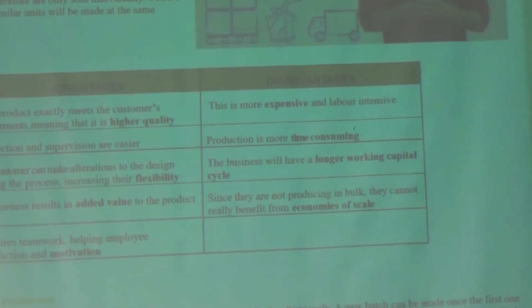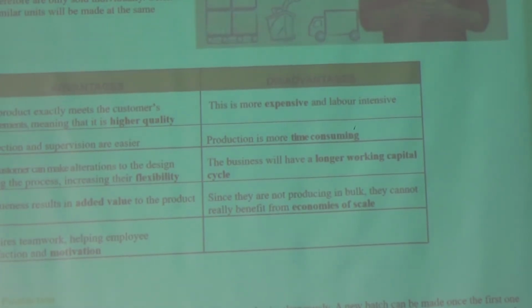Disadvantage, far more expensive and labor intensive. Production is slow, so the company cannot make a lot of money, at least not very quickly, and very difficult to get any kind of economies of scale.